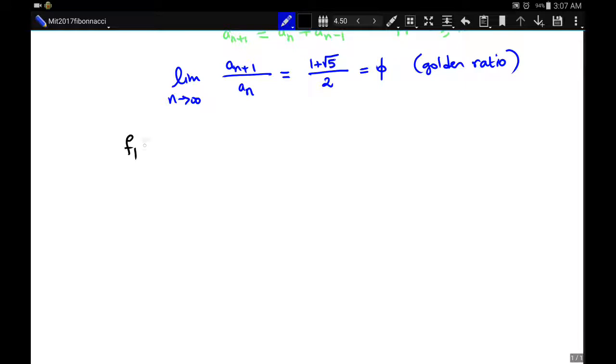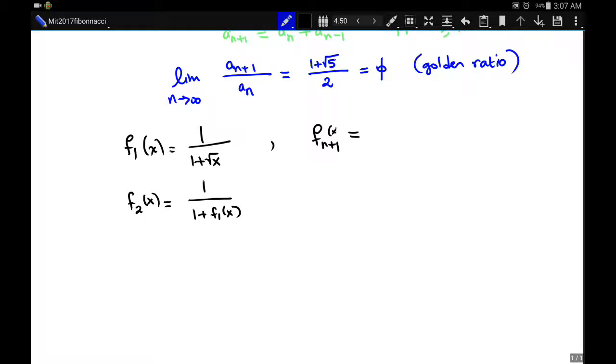For example, let's say f1 of x is 1 over 1 plus root x. f2 of x, I'm going to define to be 1 over 1 plus f1 of x. In general, I'm going to define f(n+1) of x to be 1 over 1 plus fn of x, for n greater than or equal to 1.